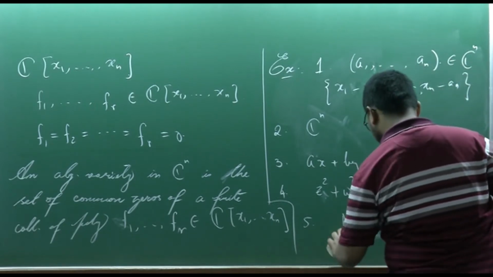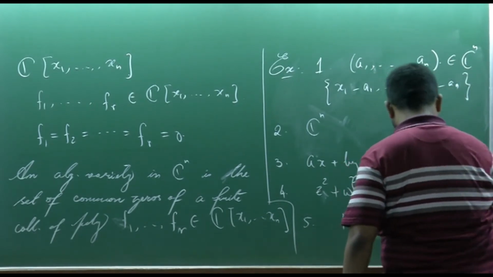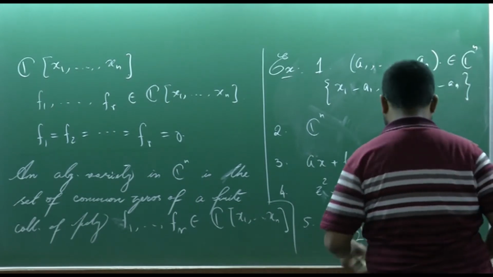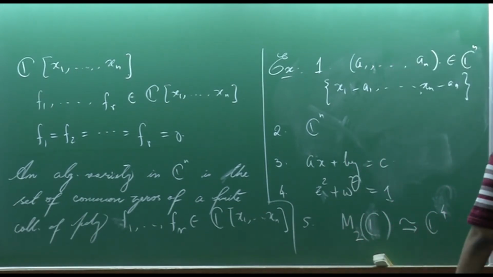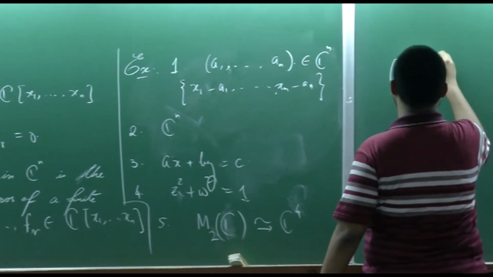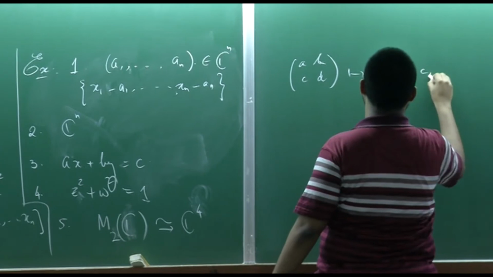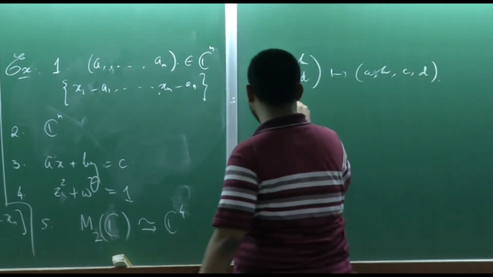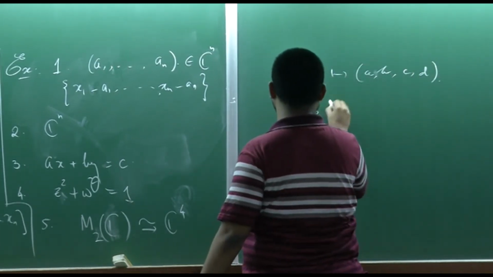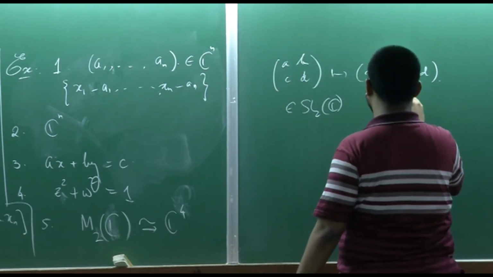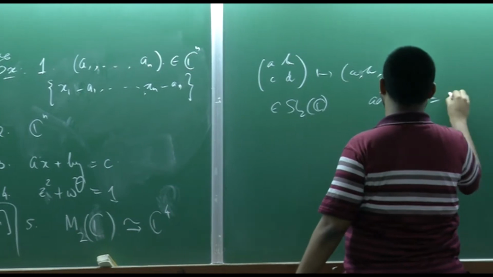For simplicity let us take n equals 2; the general case goes exactly in this manner. The matrix A, B, C, D is mapped to the point (A, B, C, D). If this matrix lies in SL2, then we must have AD minus BC equals 1.